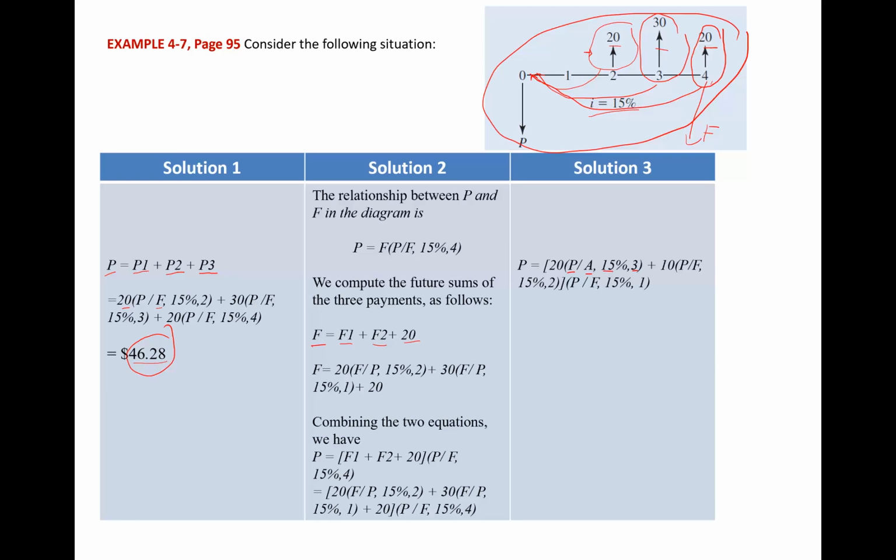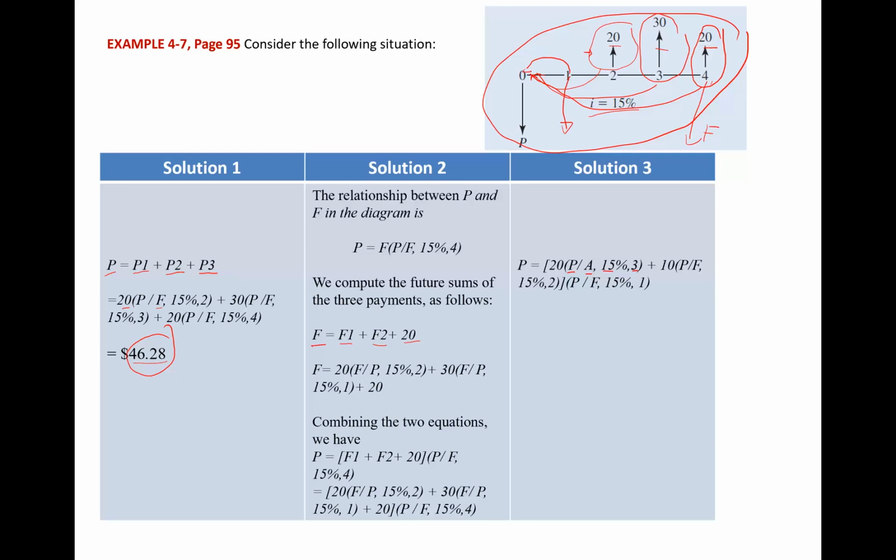But here it's calculated based on the present value in year 1, so we have to bring it to year 0. In this case we multiply by the factor looking for P given F, 15%, 1 year. So we get the same amount as solution 1. So these are 3 different solutions.